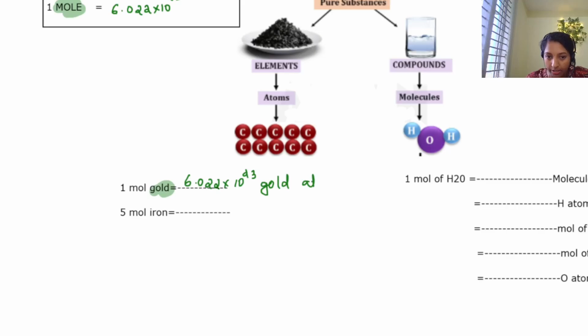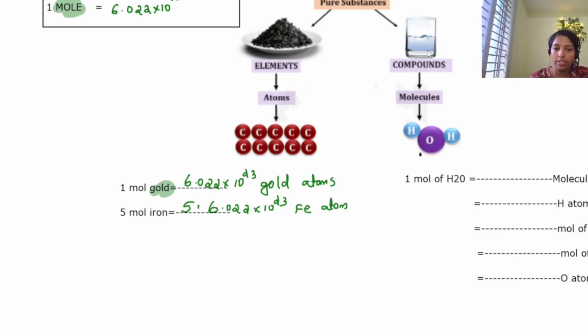If I say 5 mole of iron, mole means 6.022 times 10 to the power of 23, so 5 mole means 5 times 6.022 times 10 to the power of 23 iron atoms. Elements are made up of atoms.